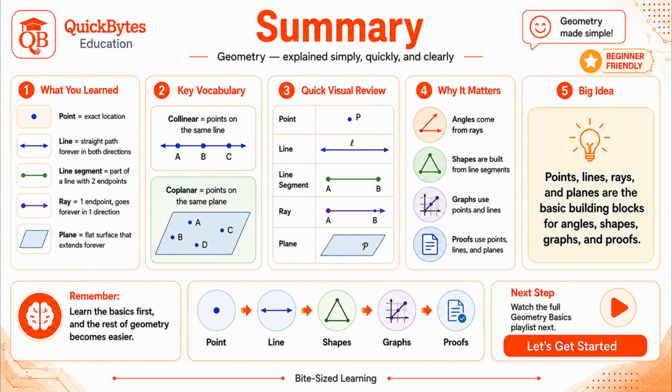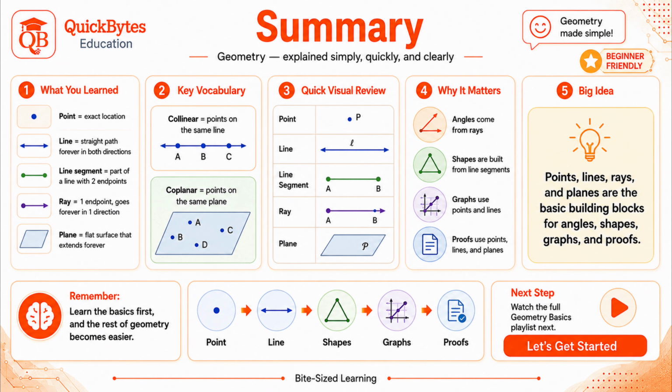Here's what you just learned. A point shows an exact location. A line is a straight path that goes on forever in both directions. A line segment is part of a line with 2 endpoints. A ray has one endpoint and goes on forever in one direction.